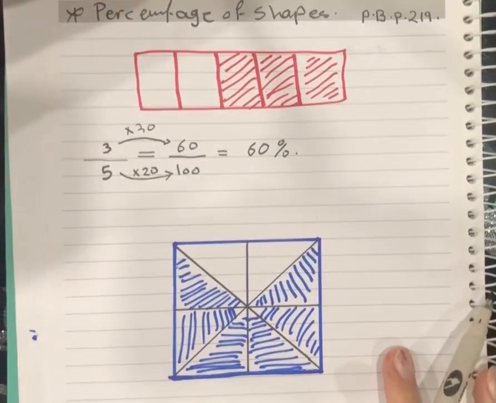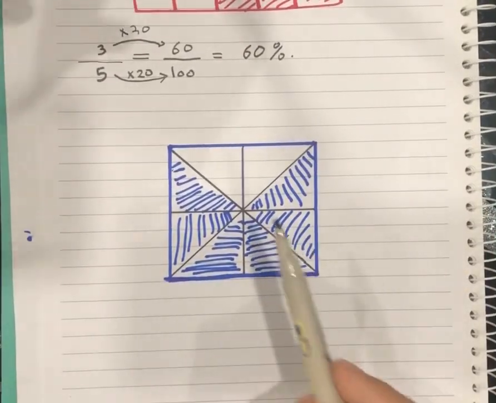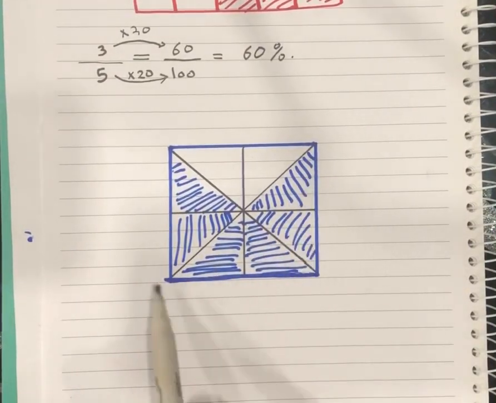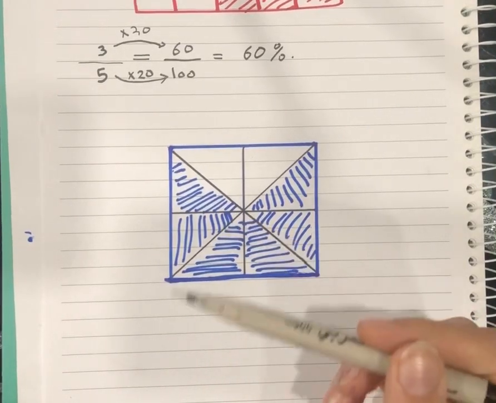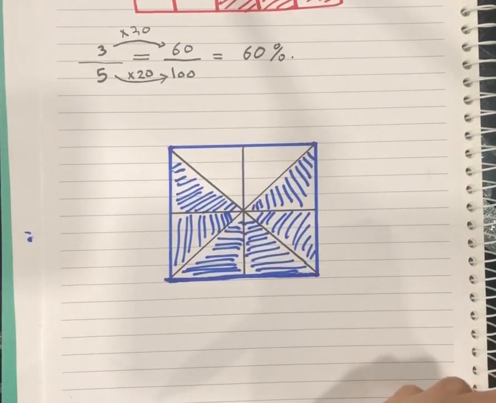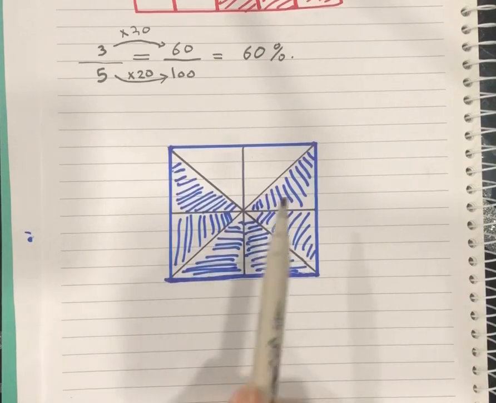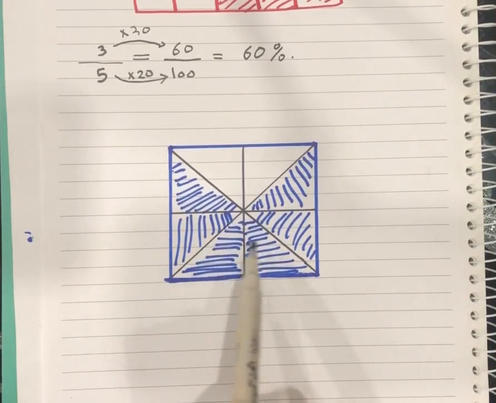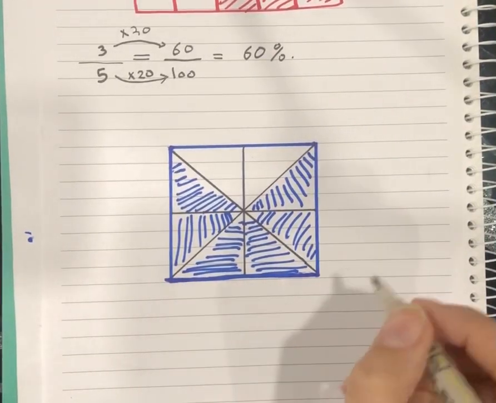Let's take another shape. Here I have a square that is divided into 8 equal parts, 1, 2, 3, 4, 5, 6, 7, 8. And I am asking you to write the percentage of the shape that is shaded. Now, to do that, we start with a fraction. I have 8 parts.